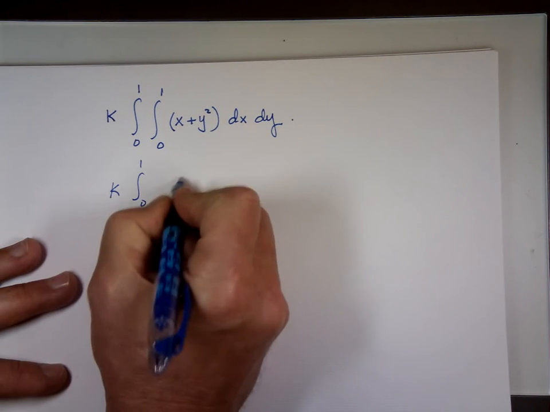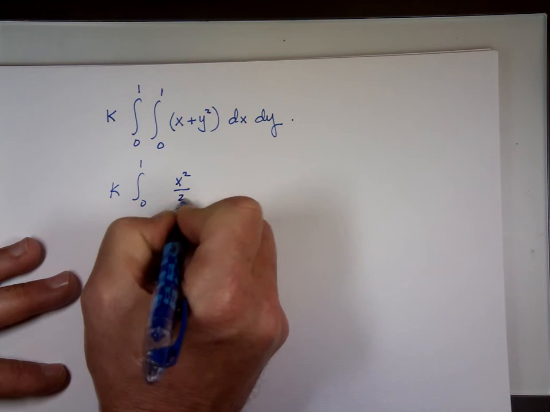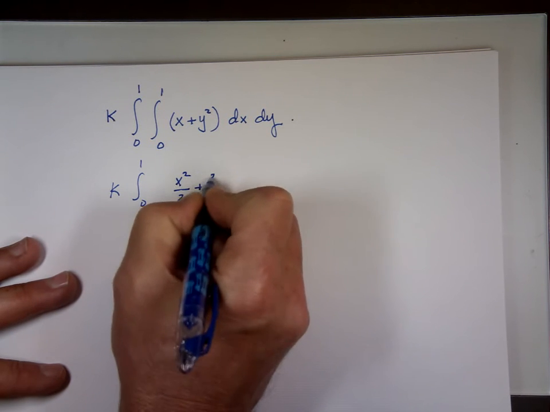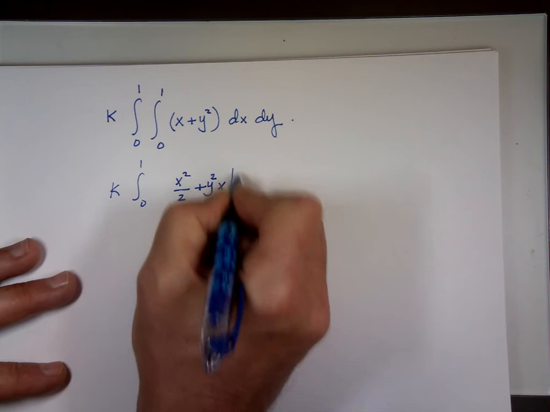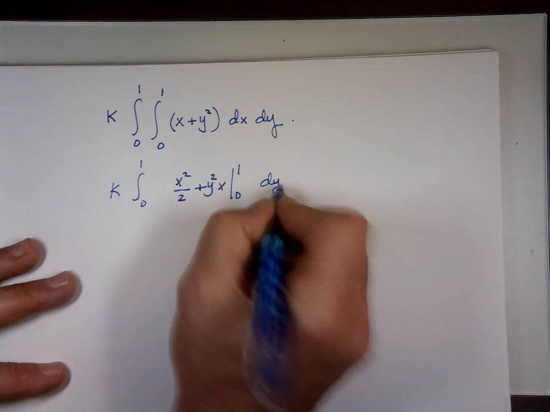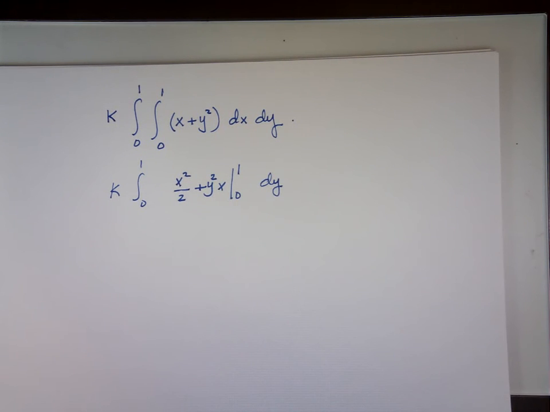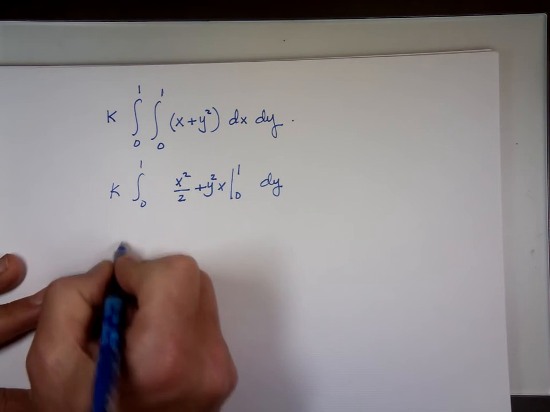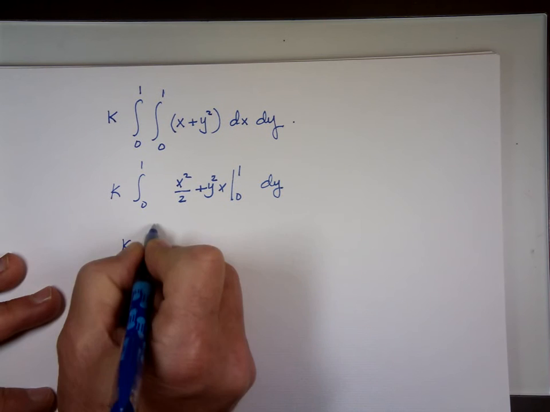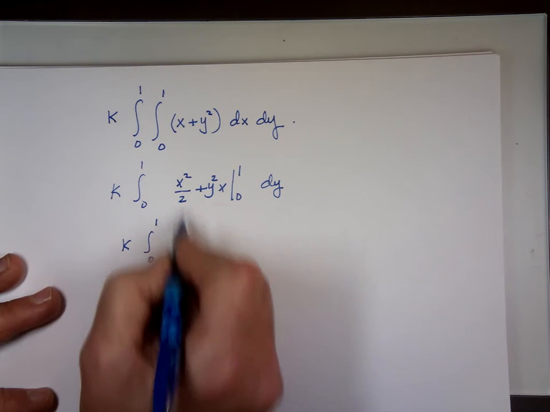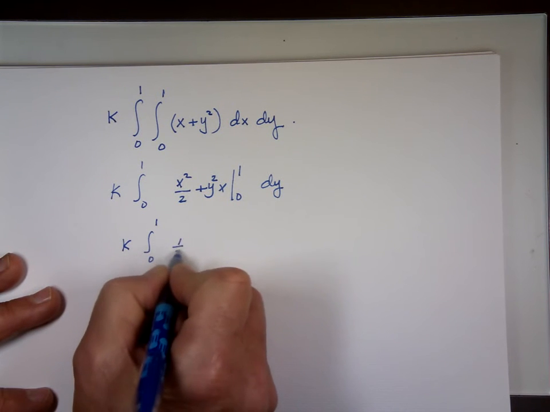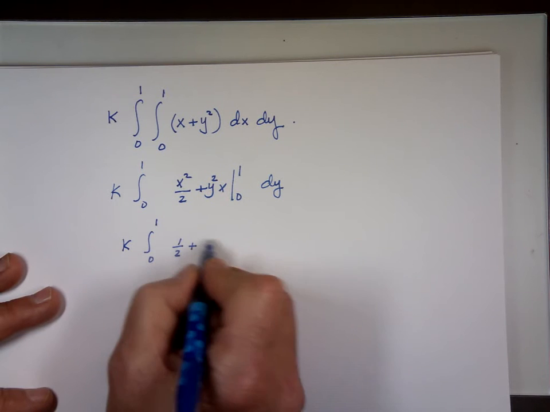This will be x squared over 2 plus y squared times x, as x goes from 0 to 1, dy. So when x is 1, you'll have 1/2 plus what? Y squared.